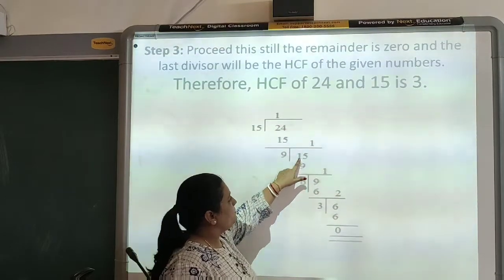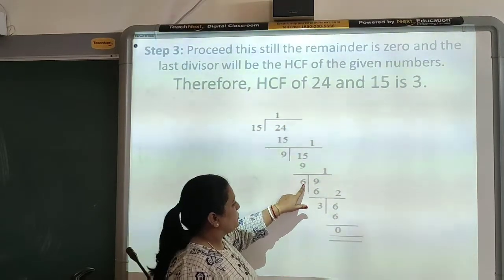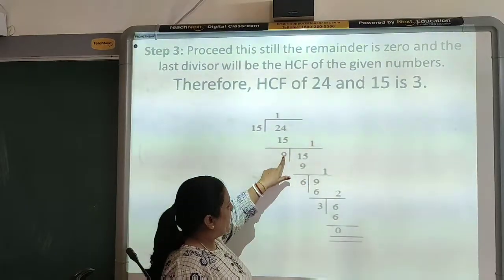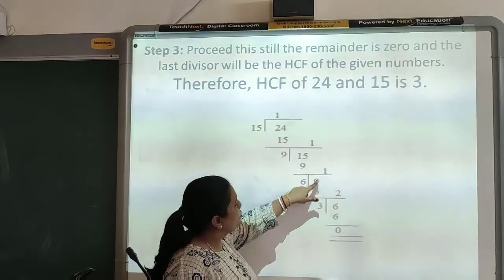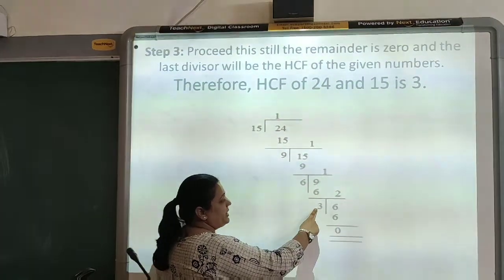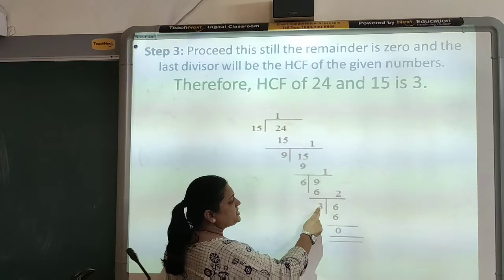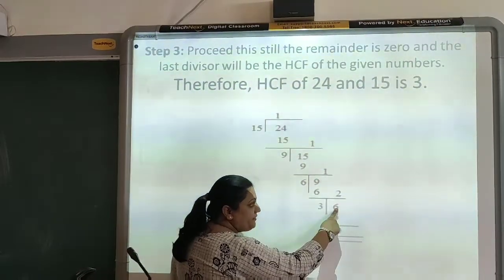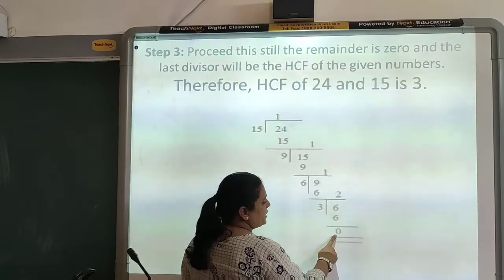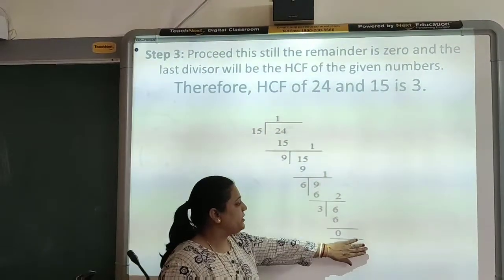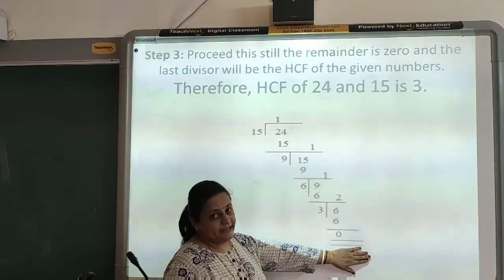So 9 ones are 9, 15 minus 9 is 6. Again this remainder will become the new divisor and the old divisor will become the new dividend. So 6 ones are 6, 3 is the remainder here. Again this remainder becomes the new divisor and the old divisor becomes the new dividend. So 3 twos are 6. Now we got 0. 0 is the remainder here. So our division is completed.